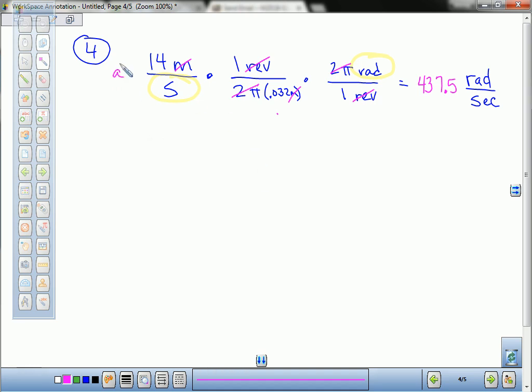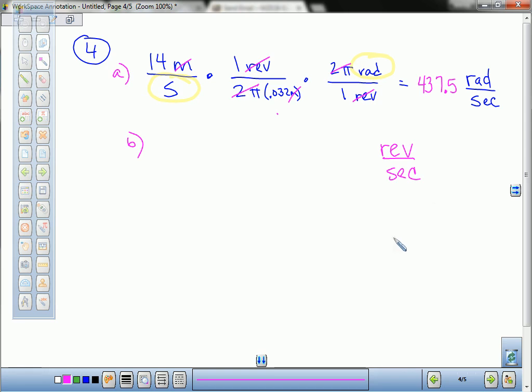All right, now let's take a look at part B. Part B asks for revolutions per second, which is actually a little less work than we just did.